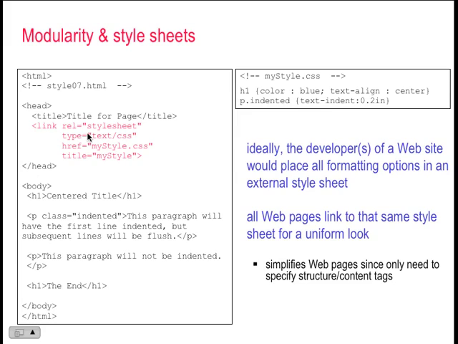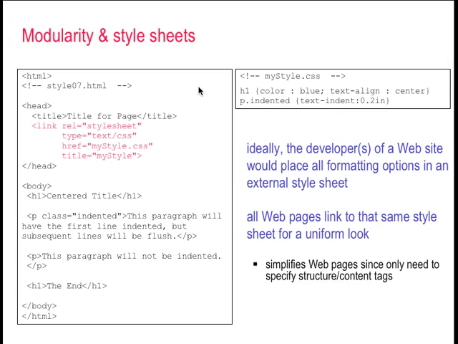So we have a link, rel stylesheet, type text/css, href to mystyle.css. If this was somewhere else other than the main directory, you put the URL in there to specify the exact location. And then the title, which we're going to call My Style. Just learn this is basically how you're going to reference an external file and bring it in.